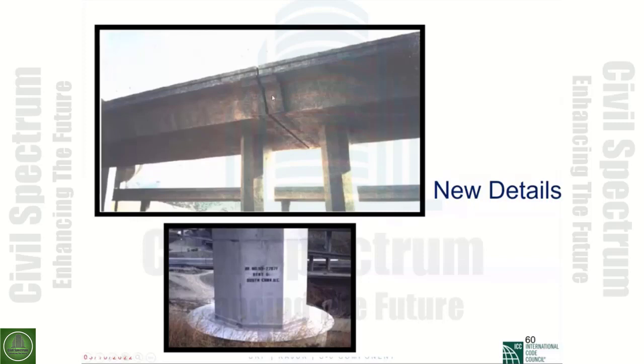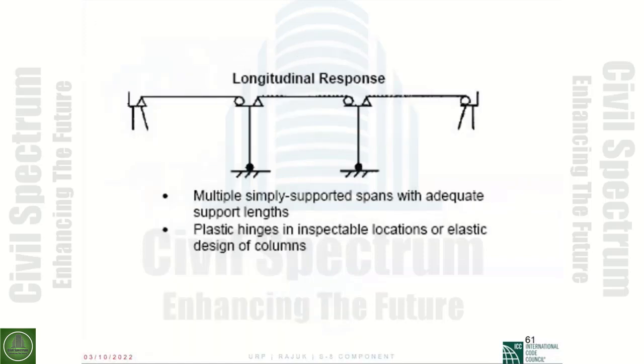As you see, even if we have movement of the two frames here, we don't see the unseating of the superstructure. Here we extended the length of the column inside the footing to have the same column height at all the locations.